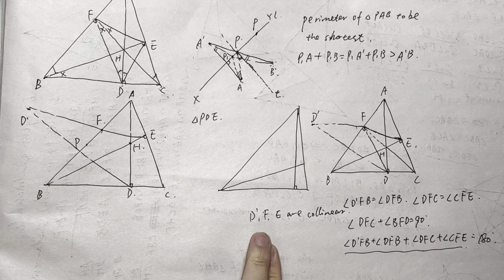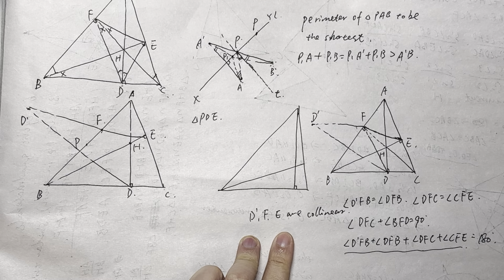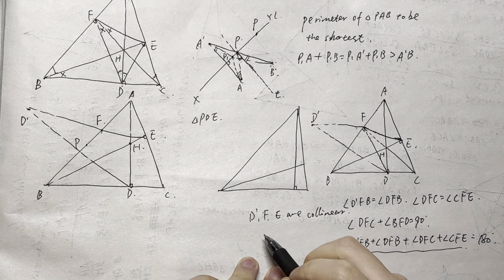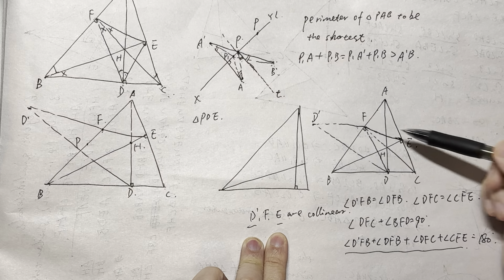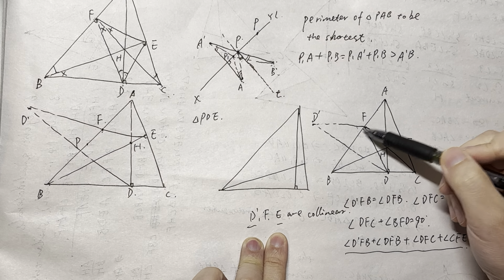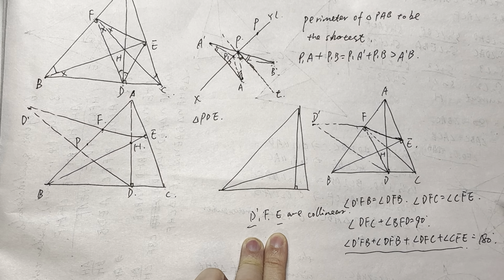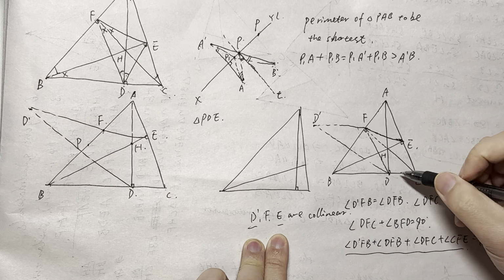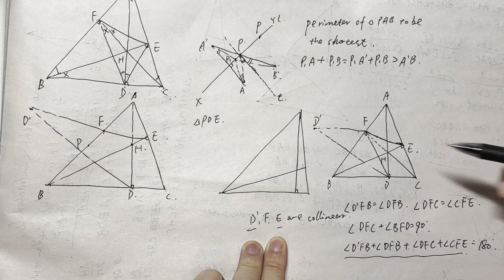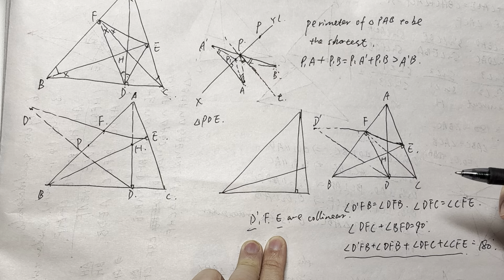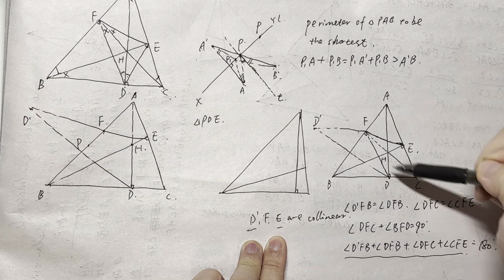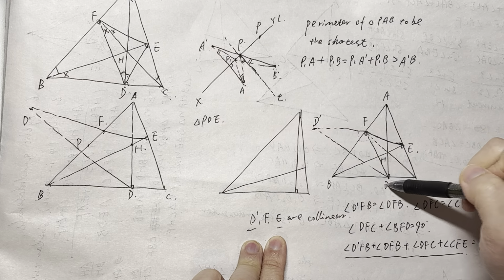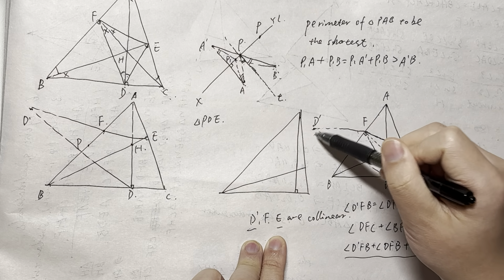We already know that two points can define a line. So this line can be defined by D prime and E, right? And F is on D prime E, and F is also on AB. That is saying that when we're looking for the shortest perimeter of the triangle FDE, we draw the symmetrical point of D to AB, D prime, right?